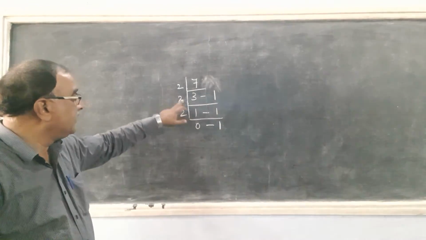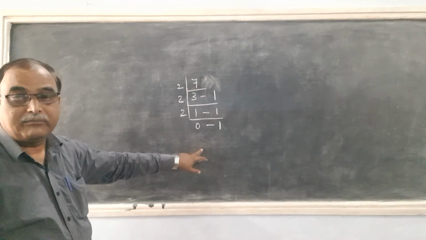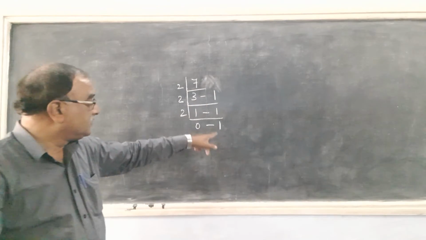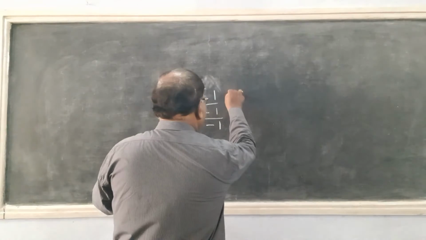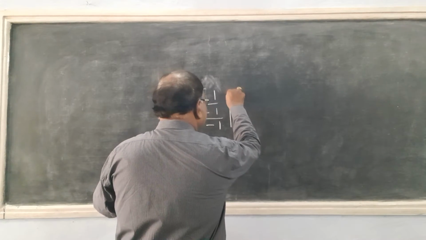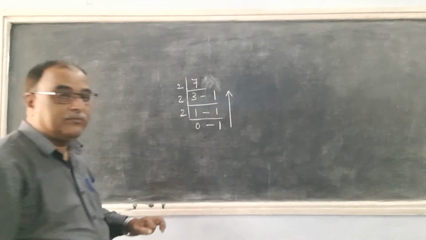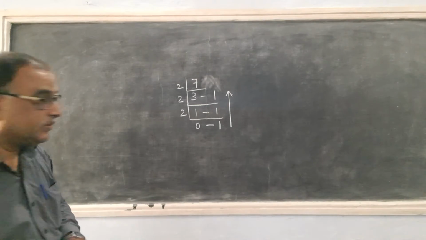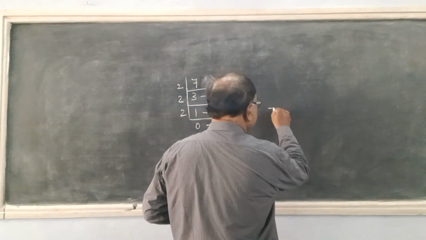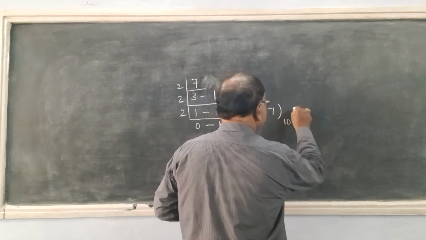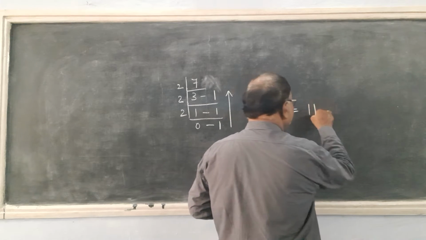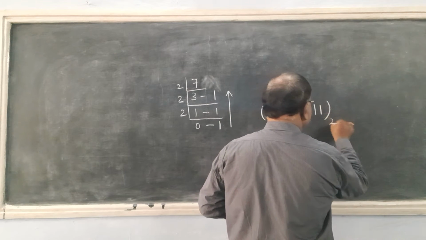Go on dividing the number by 2 successively. Now write the binary number from bottom to top. So 7 in the decimal number system can be represented as 111 in the binary number system, right?